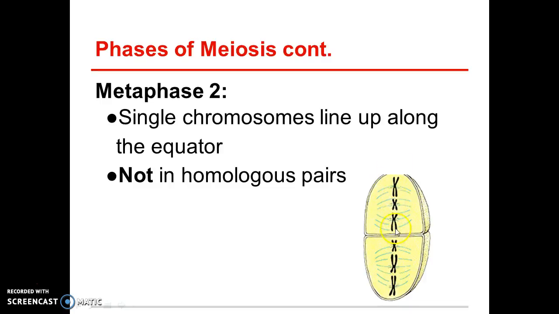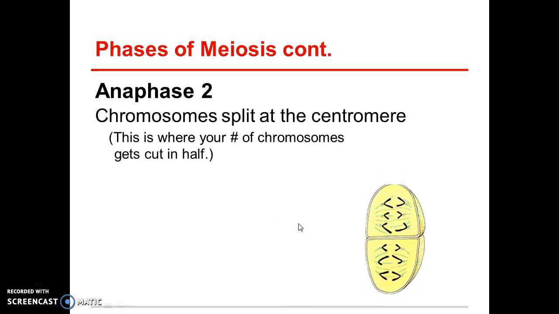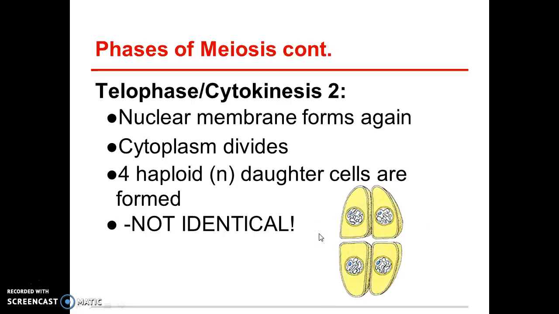This is similar, but the difference is you've got 2 cells now involved. They're not in their homologous pairs. They're not tetrads. Anaphase is where you're splitting the chromosome now at the centromere. Very much matches the mitosis. Your number of chromosomes cut in half. Telophase and cytokinesis 2, the nuclear membrane will reform again, similar to mitosis.